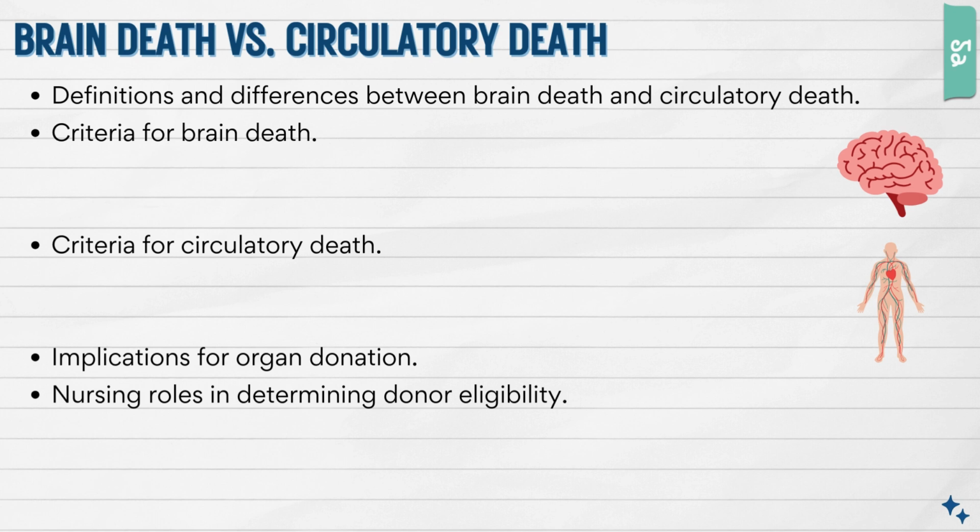This includes conducting neurological assessments and coordinating with the healthcare team to ensure that the determination of death is conducted according to the legal and medical standards in your area and state. Understanding these criteria is essential for your clinical practice, but you also need to understand it to be able to communicate with families during this difficult time.